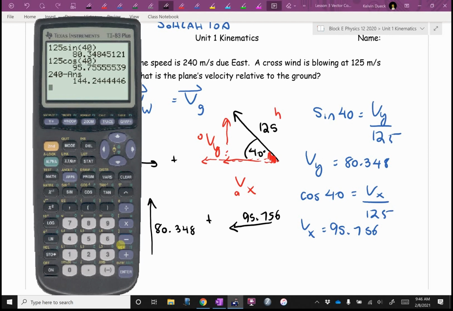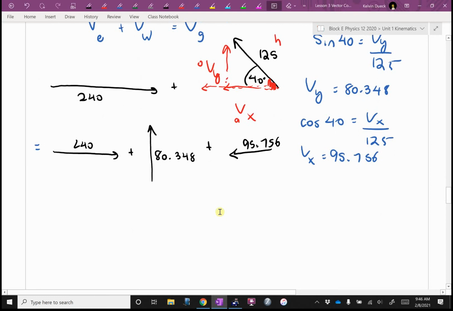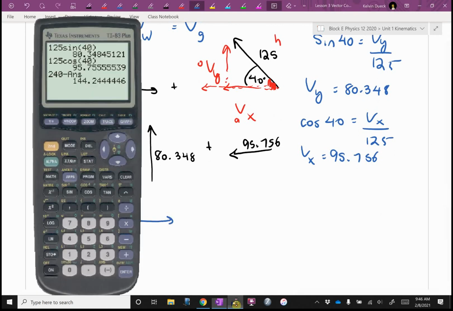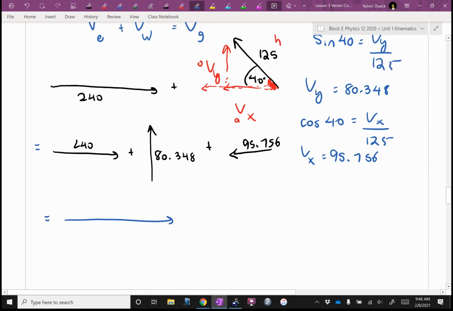So these 3 vectors can be rewritten as 144.24 plus 80.348. 80 is roughly half, a little more than half of 140. It's half of 160. So I made it about that big.